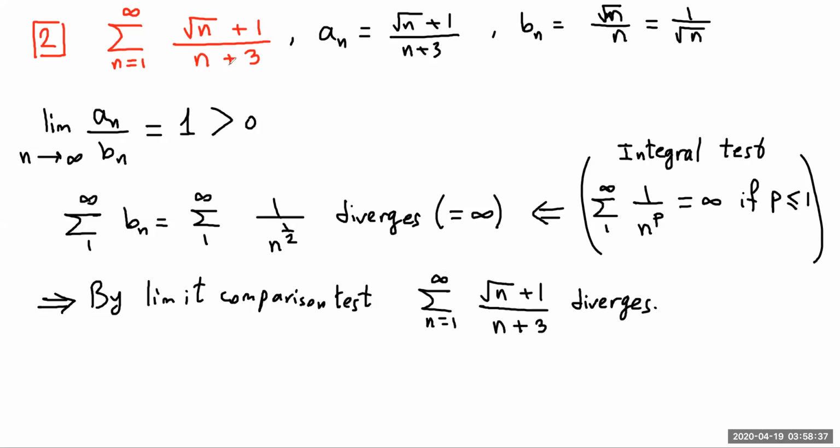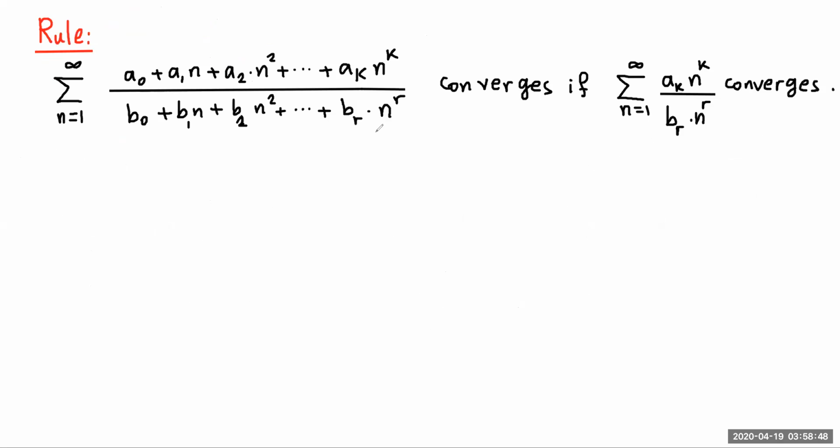So always, if we have any exercise with a polynomial up and a polynomial down, we can use this idea. So we can write this rule. If we have a series like this, polynomial up, polynomial down, or maybe something more general than polynomial, where k instead of 1, 2, 3 could be a fraction, maybe 5 over 2 or a half.